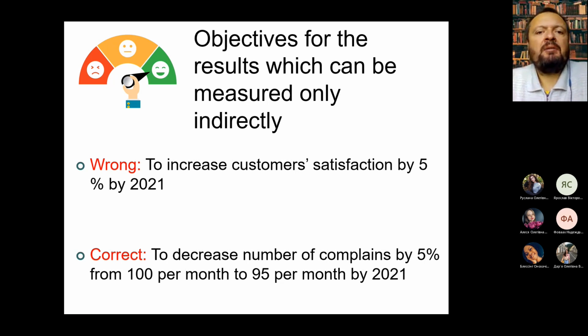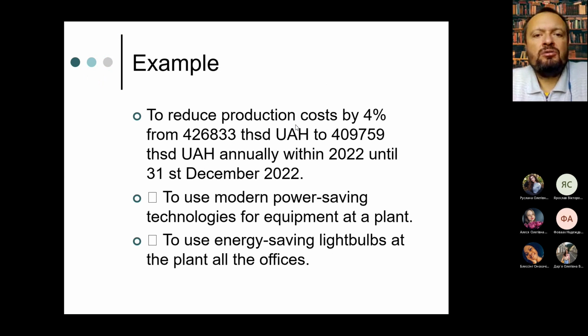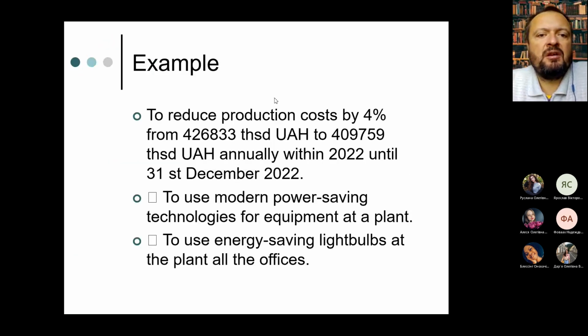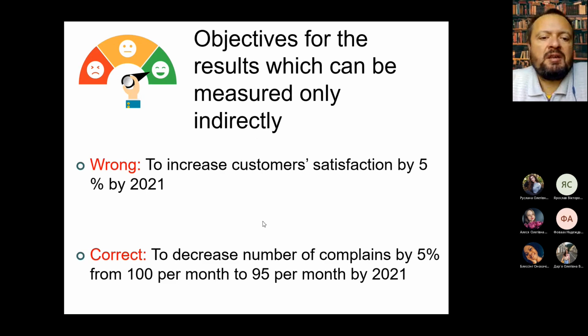So that's why I'd like you to use this form of formulating the objectives, and if using this very form, this objective will be formulated like this: to decrease the number of complaints by 5% from 100 per month to 95 per month. Okay.